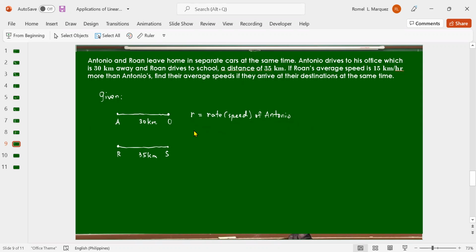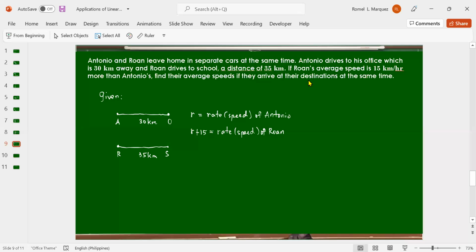R. Anong rate ni Roan, children? R plus 15, no? Kasi Roan's average is 15 more than what? Than Antonio. So R plus 15, rate or speed of Roan. Okay?